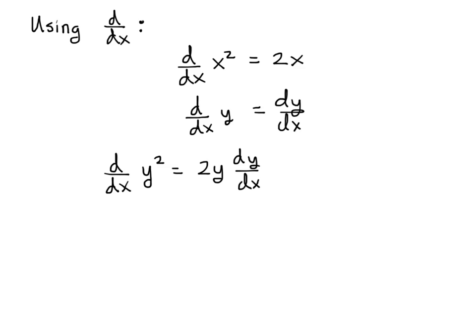We never really calculated the derivative of y, so to speak. We've calculated the derivative of y squared, and it's now in terms of y and the derivative of y. So this is the chain rule, and like I said at the beginning of class, implicit differentiation is entirely an application of the chain rule.